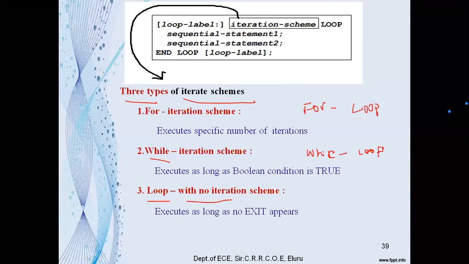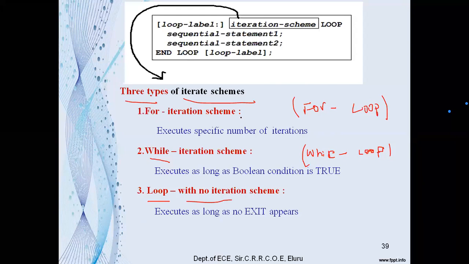So there are three types of the loop statements in VHDL. The for iteration scheme is called the for loop, the while iteration is called the while loop, and the third one is a simple loop with no iteration scheme.